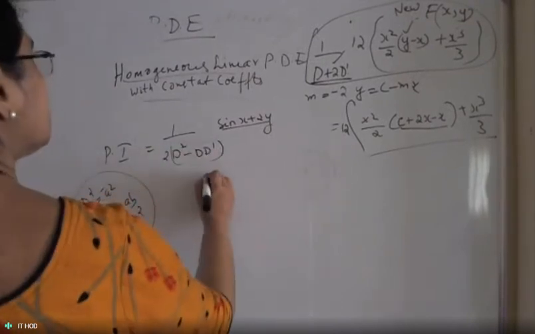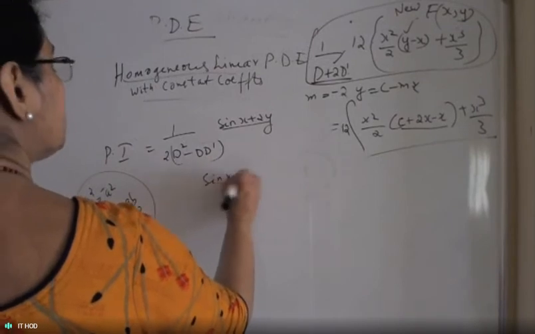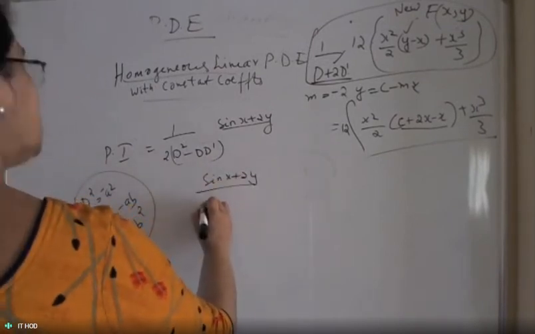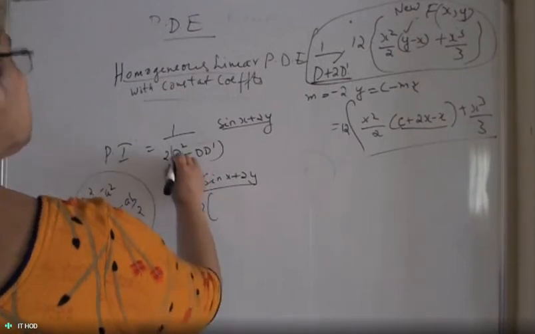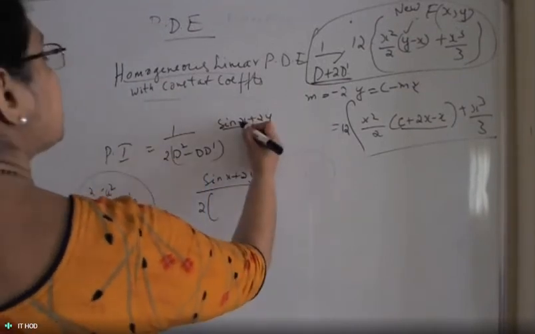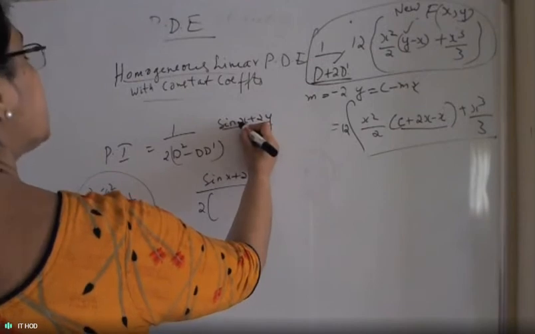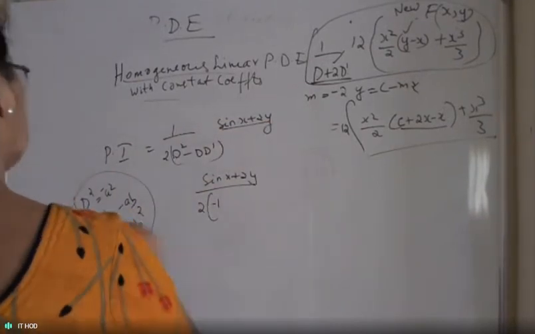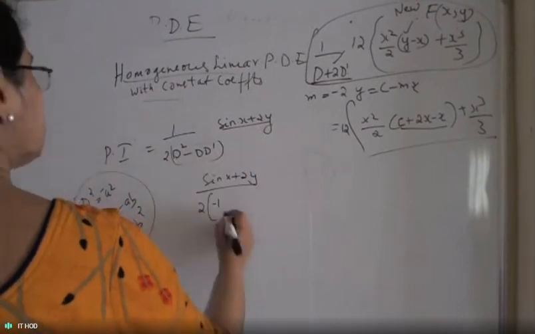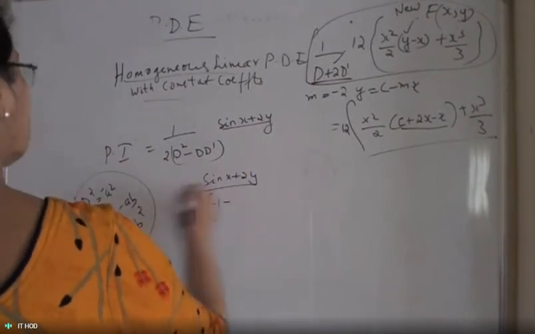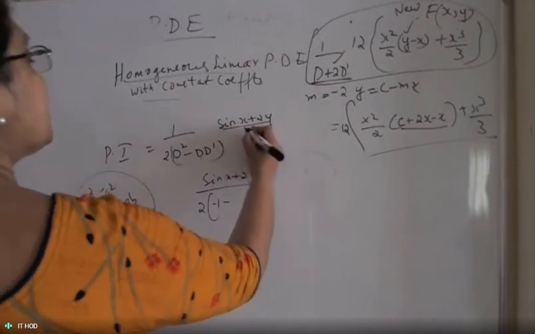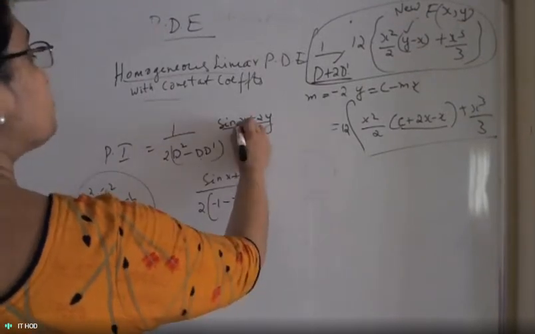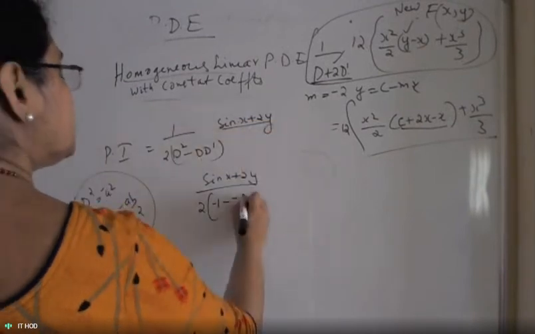So this becomes sin x plus 2y divided by 2 into D square, which changes to minus a square. What is our a here? a is 1, 1 square, so that is minus 1. Then D dash changes to minus ab, that is 1 into 2, that is 2.